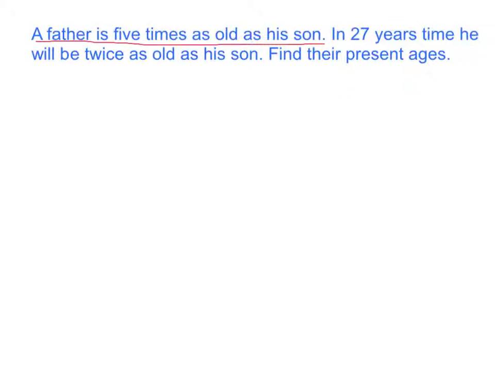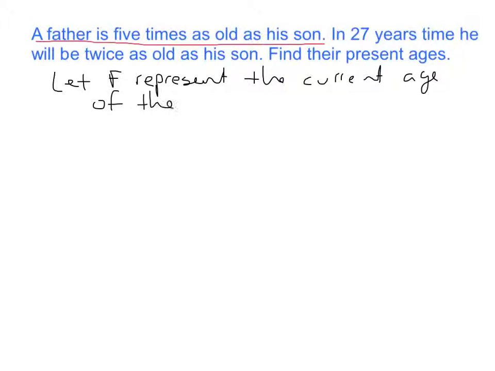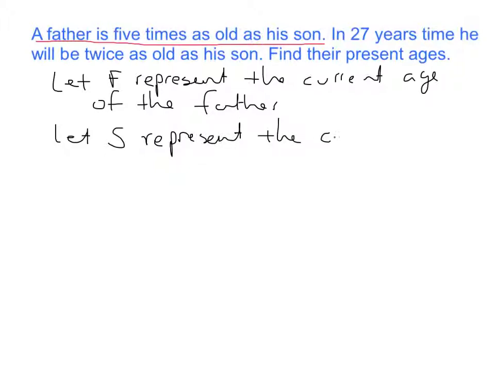So that would give you the equation where if we let f represent the current age of the father, and if we let s represent the current age of the son.